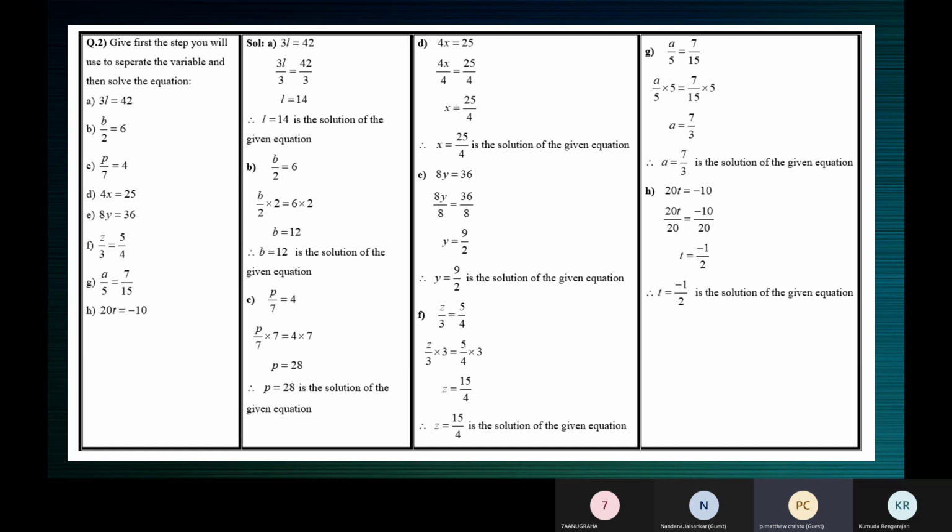If we divide 25 by 4, ma'am, x is equal to 25 by 4, ma'am. If you want, you can write it as a mixed fraction because it's not divisible. 25 is not divisible by 4. If it is 24 by 4, you will get 6. This is 25 by 4, so you can write it as a mixed fraction, 6 1 by 4. Yes, ma'am. Okay, fine.